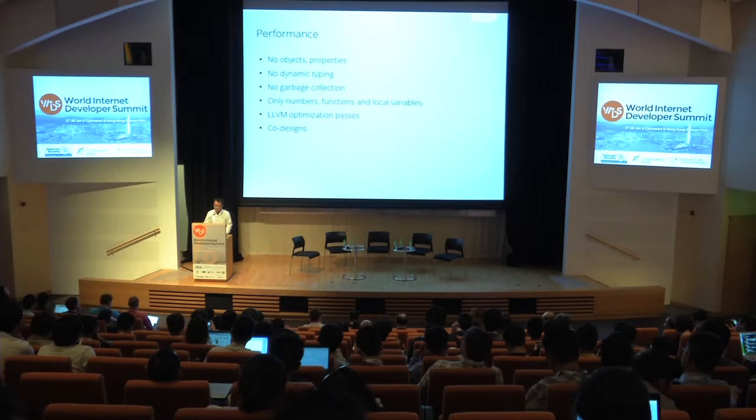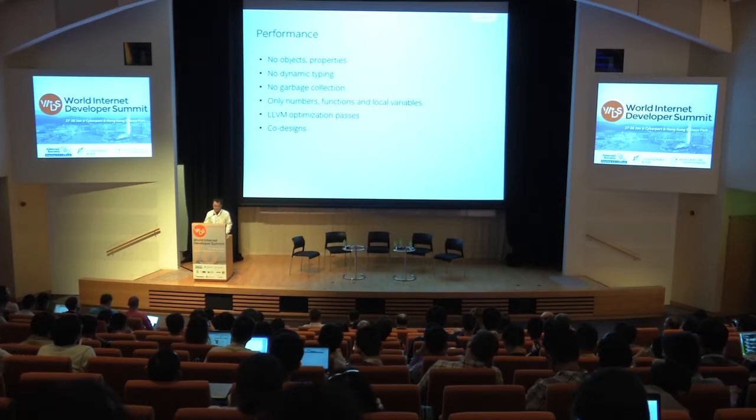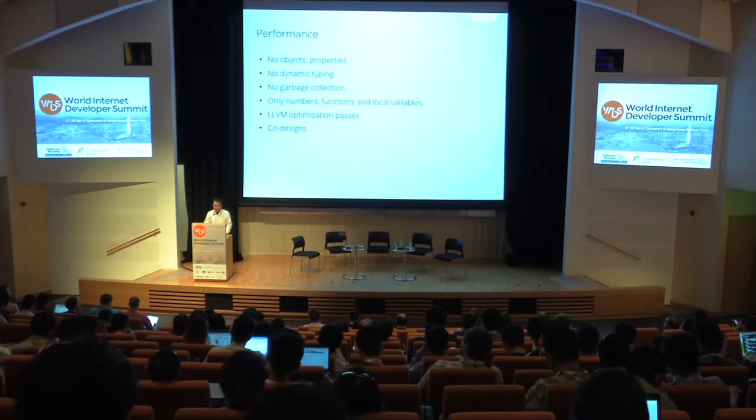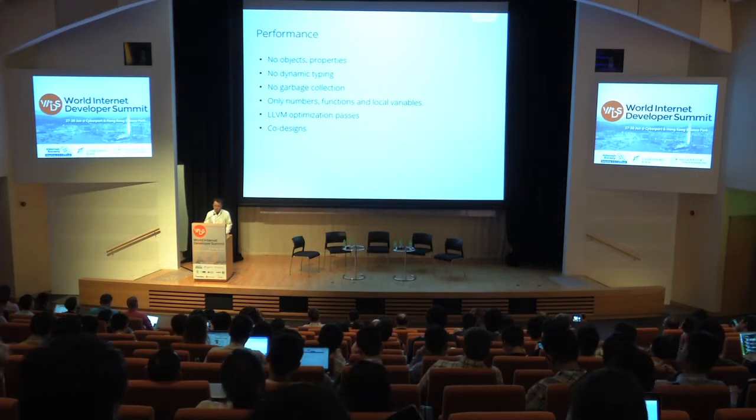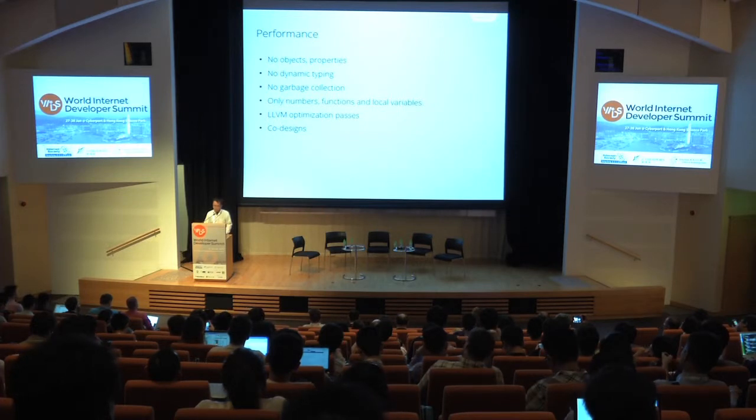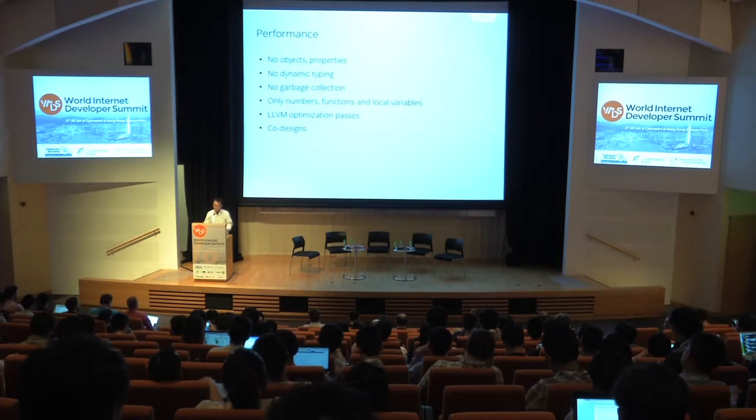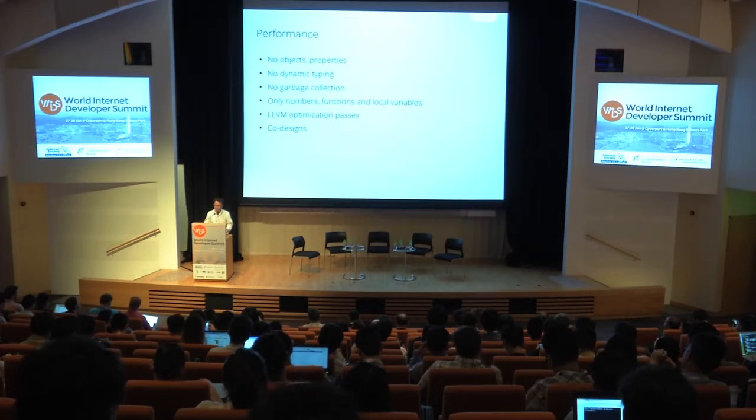Some of the expensive analyses and optimizations that are impractical for JIT compilers, such as interprocedural optimizations or some global optimizations, can now be applied in Emscripten without adding any overhead to runtime.